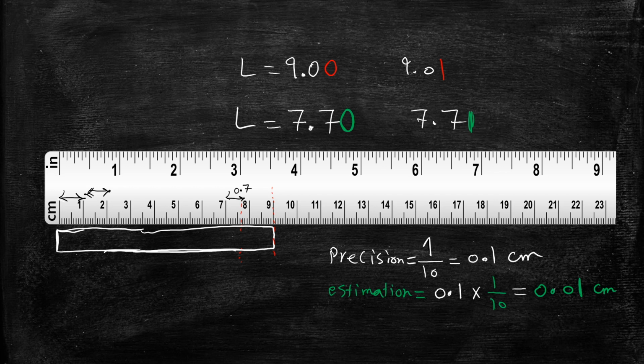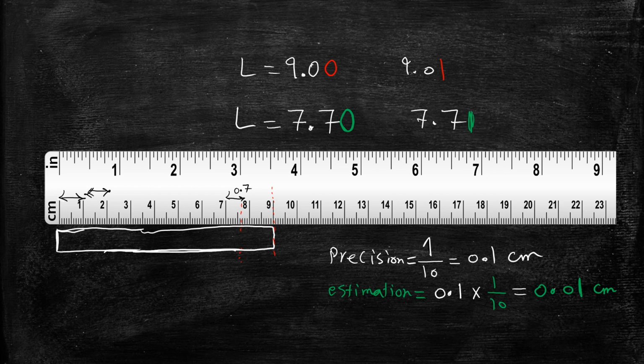Okay, that's how we measure things. Now, this was the length, but if it's volume, if it's any analog device, that's how you do it. You read from the measurement tool, and then you add 1 order of magnitude smaller digit as your own estimation.